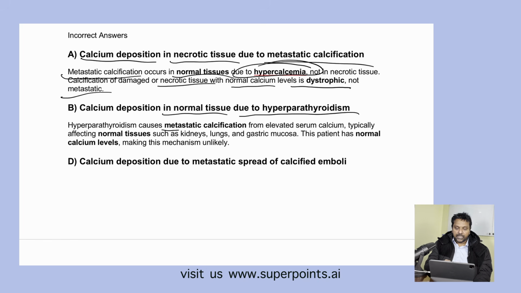Hyperparathyroidism causes metastatic calcification from elevated serum calcium, typically affecting normal tissues such as kidneys, lungs, gastric mucosa. This patient has normal calcium levels, making this mechanism unlikely.